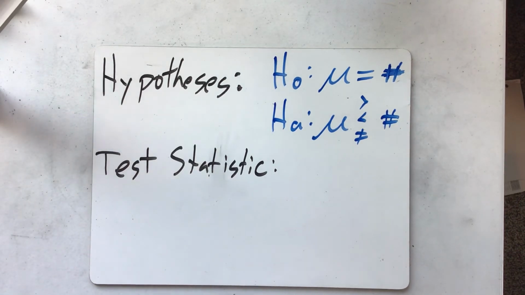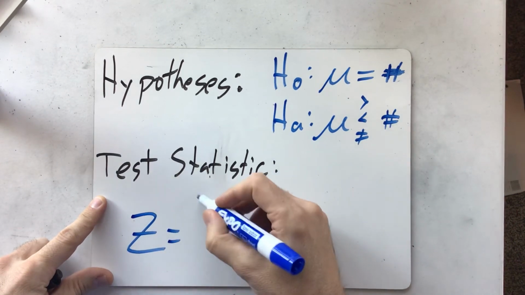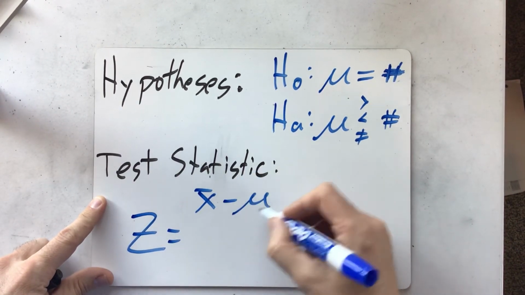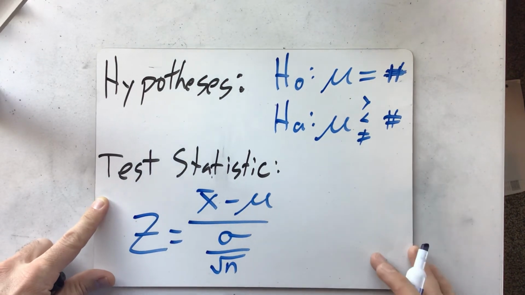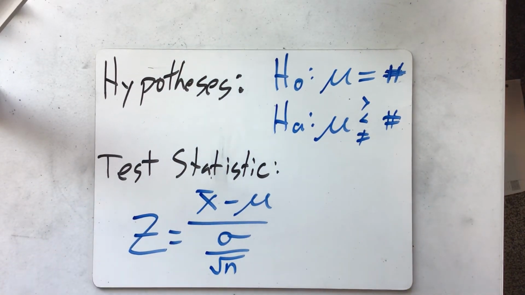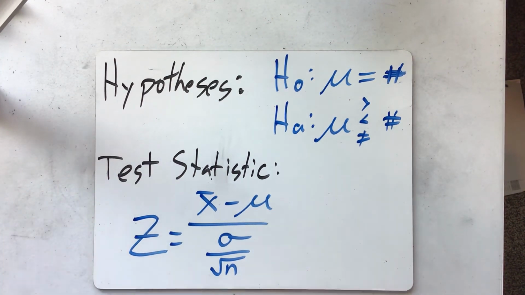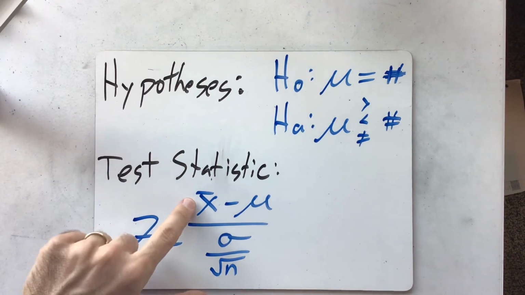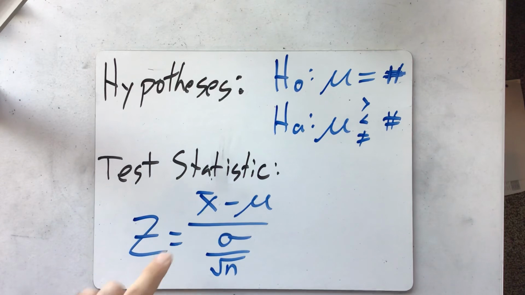For this section, our test statistic is always going to be z equals x bar minus mu, divided by sigma over the square root of n. Let's go through what these letters mean. Z is the number we're calculating, the statistic we'll use for the rest of the problem. X bar is our sample average, the average from whatever our individuals were in our study.